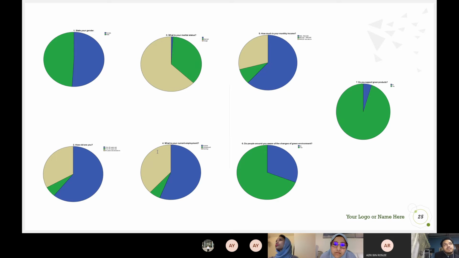On the awareness of the changes of green environment, it shows that the majority of the respondents are aware of the changes of green environment, which is 69% of them, and the lowest are not aware. And those who support green products is the highest percentage, which is 95% throughout the 100 respondents.